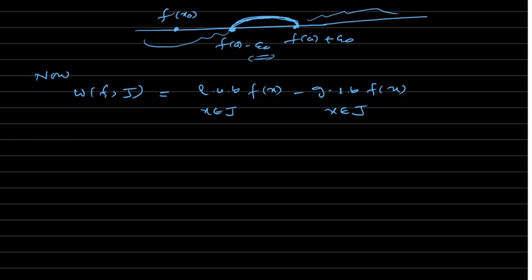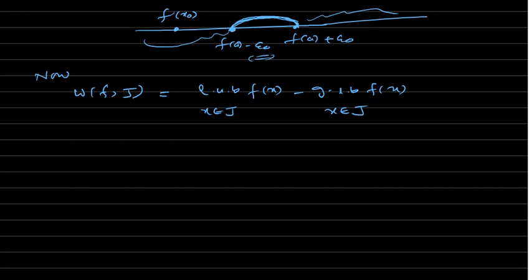At that moment, if all the points x in J are on this side, then obviously the GLB is f of a minus epsilon naught, or the least upper bound is greater than f of a plus epsilon naught, because by assumption those points lie on this side.